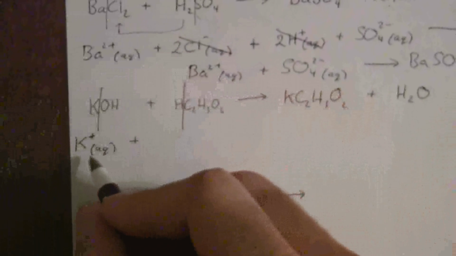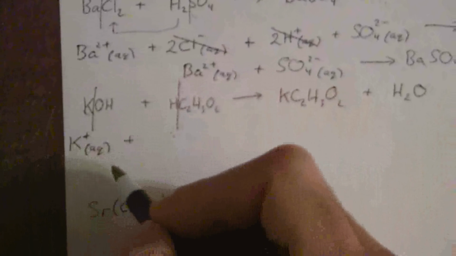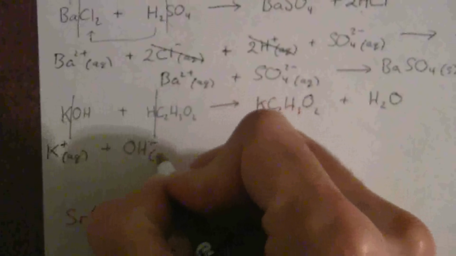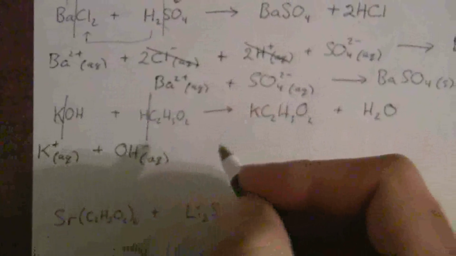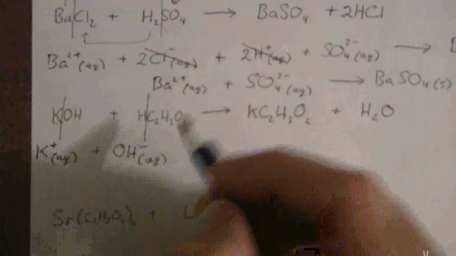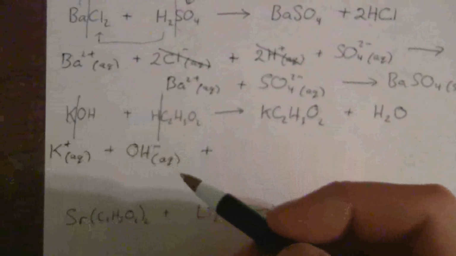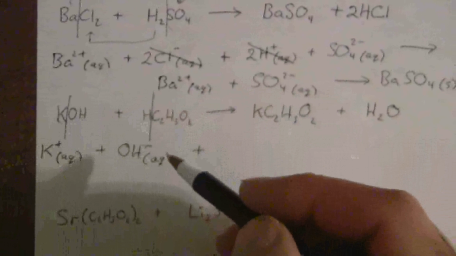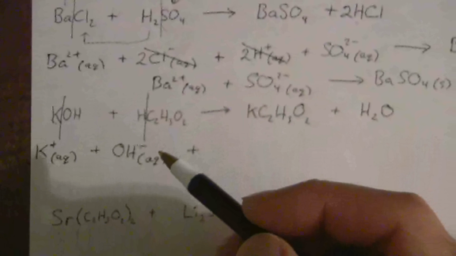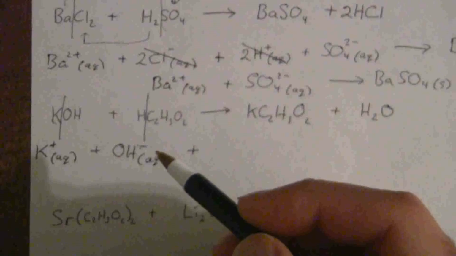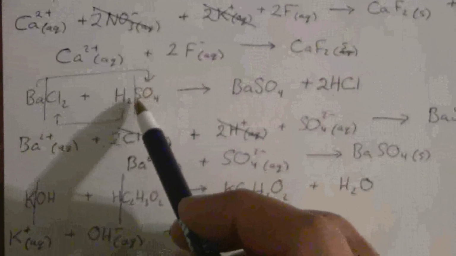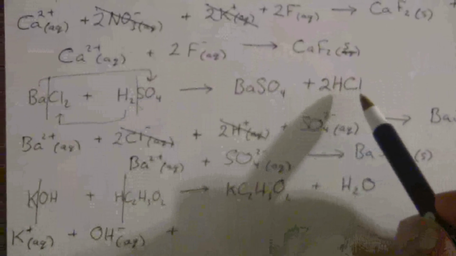When we put this in water, we just put the water as aqueous, plus hydroxide ions. Okay. Then now we're looking at the acid. Is this a strong acid or a weak acid? Well, there are only about 6 strong acids, as I have mentioned before, and we've seen 2 of them already: sulfuric acid and hydrochloric acid.